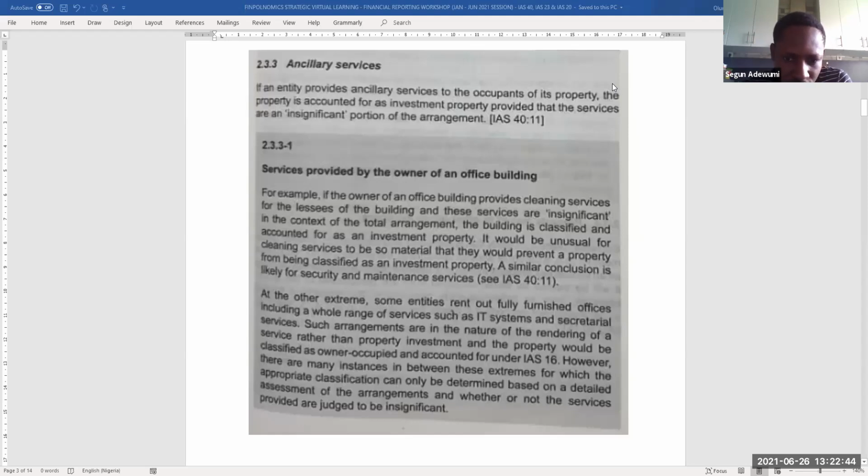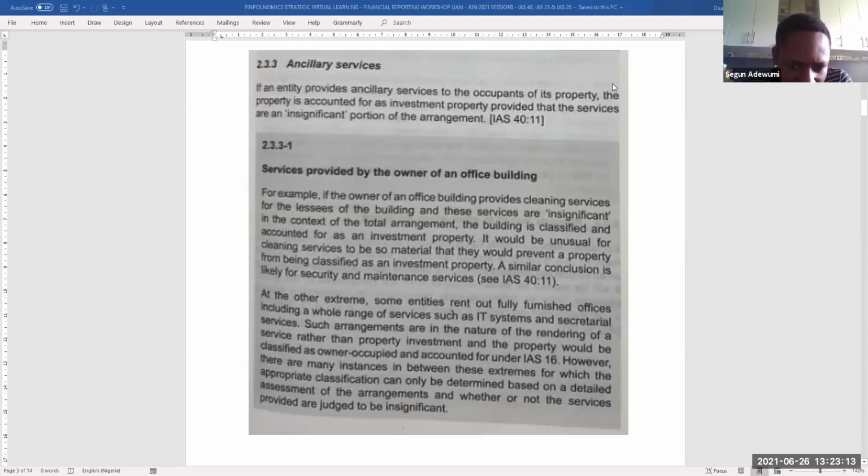A similar conclusion is likely for security and maintenance services. At the other extreme, some entities rent out fully furnished offices, including a whole range of services such as IT systems and secretarial services. Such arrangements are in the nature of the rendering of a service rather than property investment, and the property will be classified as owner occupied and accounted for under IAS 16.